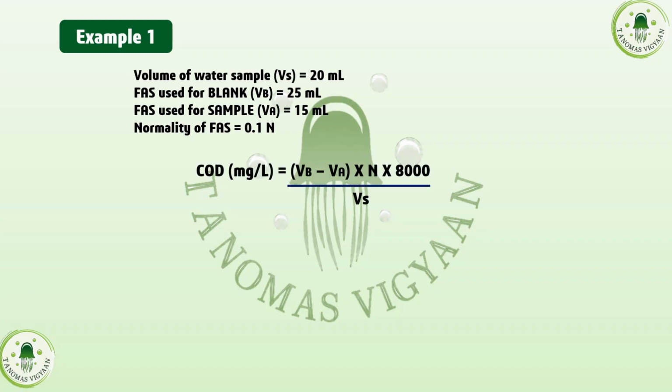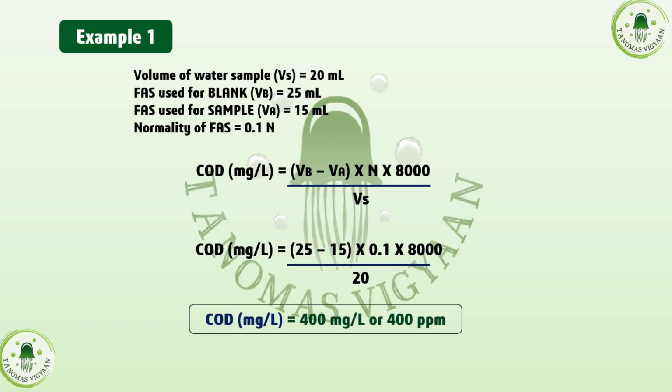So we will put the formula here, that is COD equals (VB minus VA) into N into 8000 divided by Vs. You put all your data in the respective places of your formula. So (25 minus 15) into 0.1 into 8000 divided by 20 will give you 400 mg per liter, or we can say 400 ppm. So this is the COD of the data that you have got after the experiment.